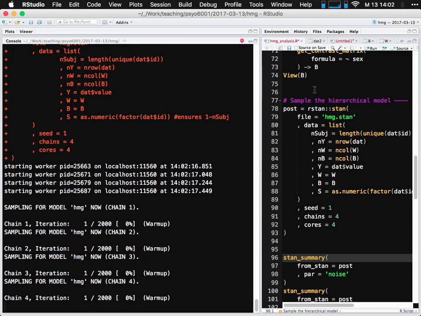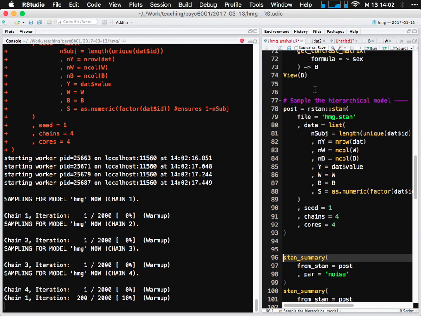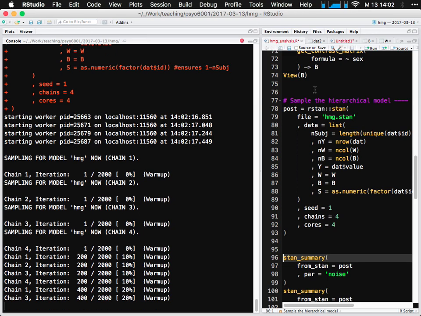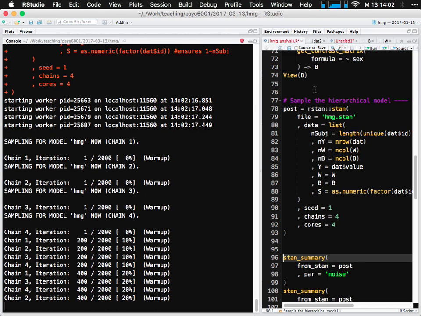Well, my first hypothesis was incorrect. We didn't get any more confident by going the hierarchical route with respect to where the means of the population were. Let's see about the standard deviations and the correlations. Those might. My intuition is that those should become more confident, or at least the standard deviations.